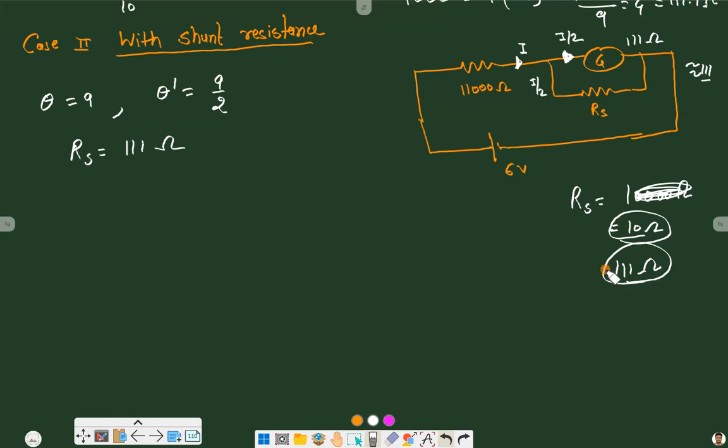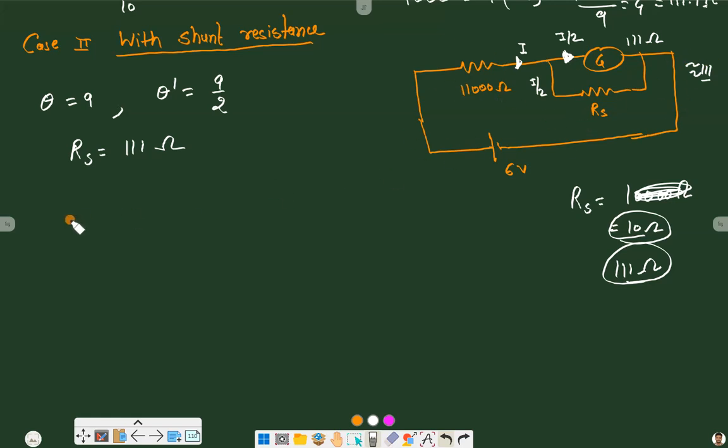And if their value will not exceed 111 ohm, and here we have it in series with the 11,000 ohm resistance, these two as a whole play a very minute role in deciding the amount of current flowing in this circuit.